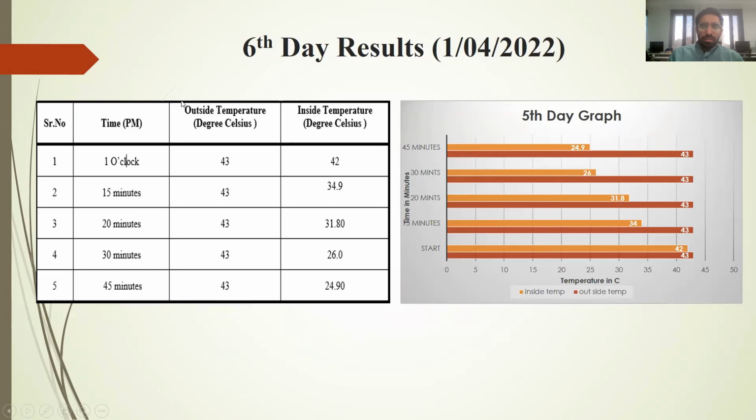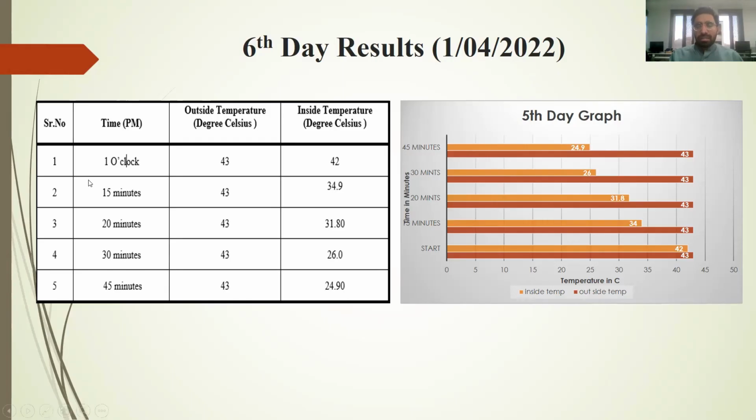So this is showing that the experiment is started at 1 o'clock and the outside temperature at that time was 43 and inside was 42. And after 45 minutes, the outside temperature remains the same, 43, and inside decreased up to 24.9.